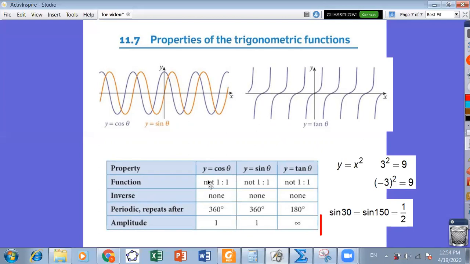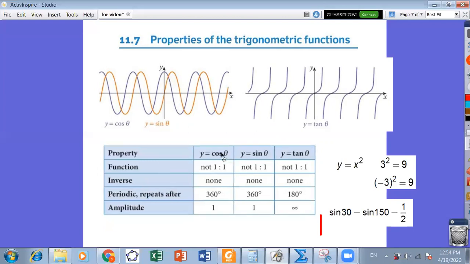Okay, so we have some properties here, and I will explain them. Firstly, as you see, we have written three functions, and they are not one-to-one, not one-to-one, and not one-to-one. What does one-to-one mean? To remember that, I have written one function here, which is y equals x squared.